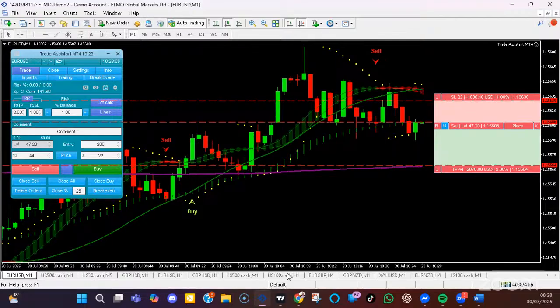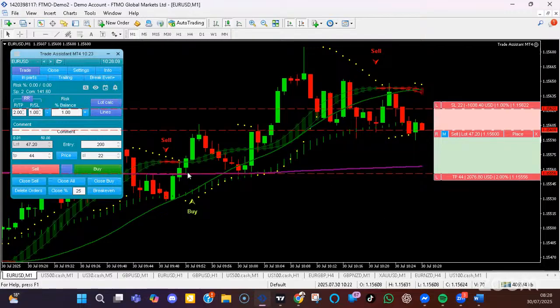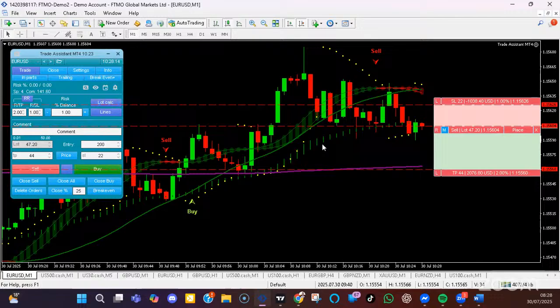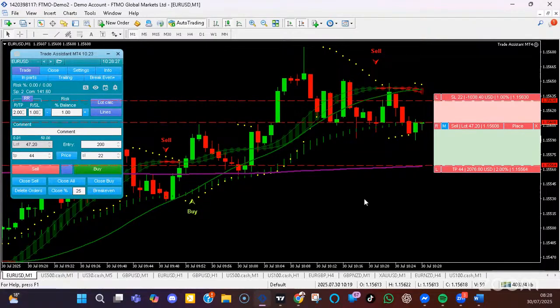Very indecisive action. Nothing definite going on. Picking up orders as they go. There isn't a lot of volume around, and so the question should arise, are they going on what's called a stop hunt?